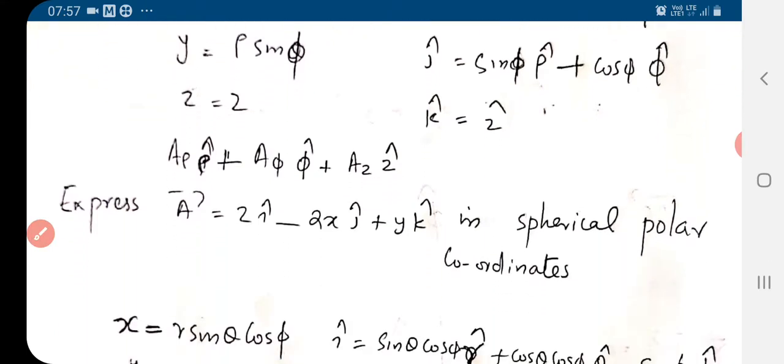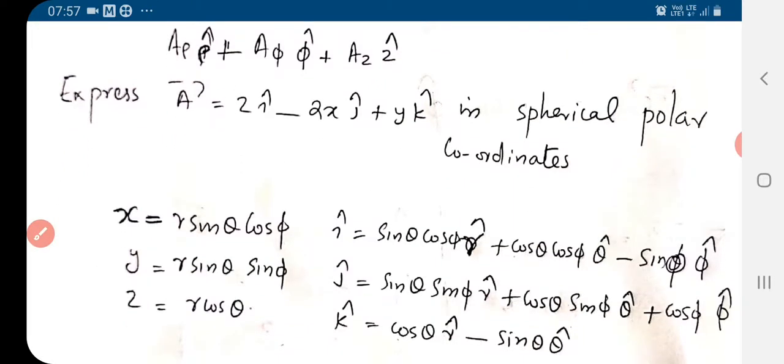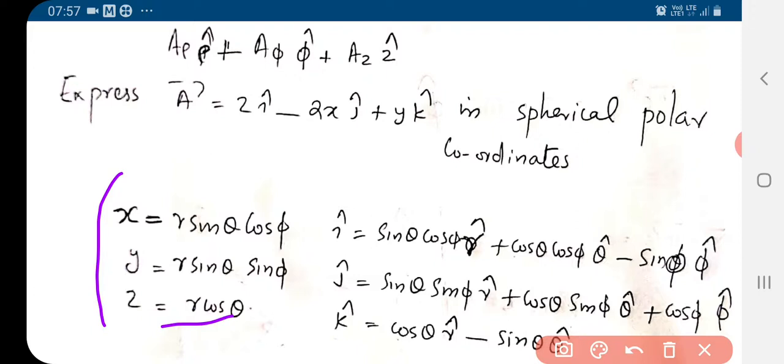So we can determine A rho, A phi and A z. The same thing can be done in the spherical polar coordinate system. We are given a vector in the Cartesian coordinate system and we have to express it in spherical polar coordinates. So what do we do? For x we take this, for y we take this, for z we take this, and for unit vectors i, j, k, we substitute these, which are the unit vectors in the spherical polar coordinate system.